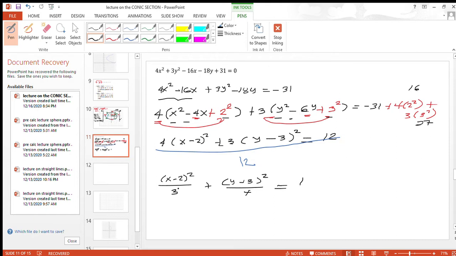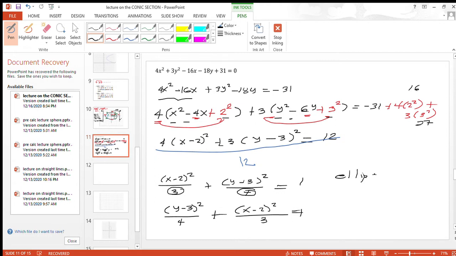Now, if you will compare the denominators, 4 is greater than 3. So we can now rewrite this as y minus 3, the quantity squared, over 4, I'm just interchanging because 4 is greater, plus x minus 2, the quantity squared, over 3 is equal to 1. And this standard form will now represent what?